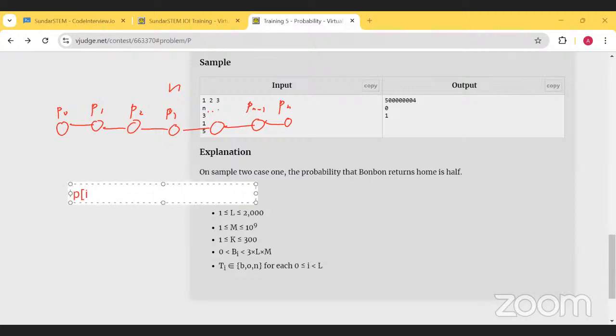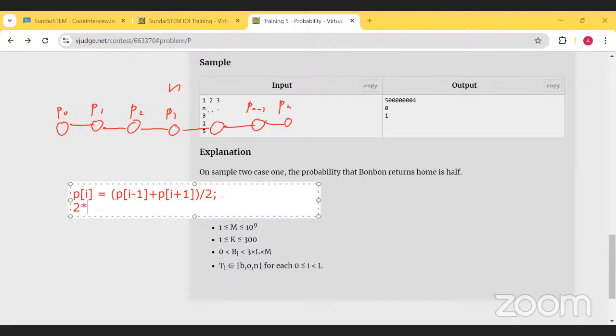We know that pi equal to (pi minus 1 plus pi plus 1) divided by 2. If we are in node i, then with equal probability, that is a half, we can move to the previous node or to the next node. What does it mean? We can move to the left side.